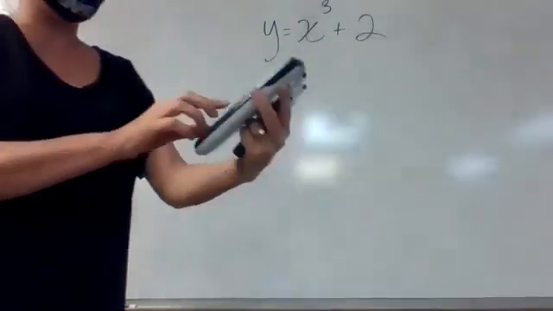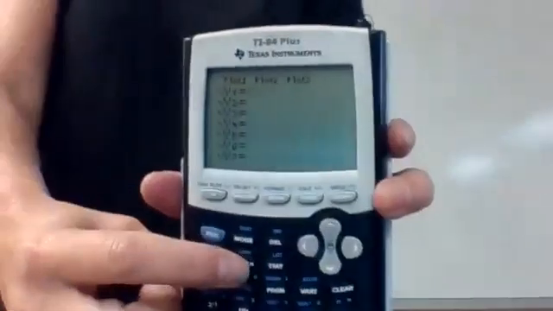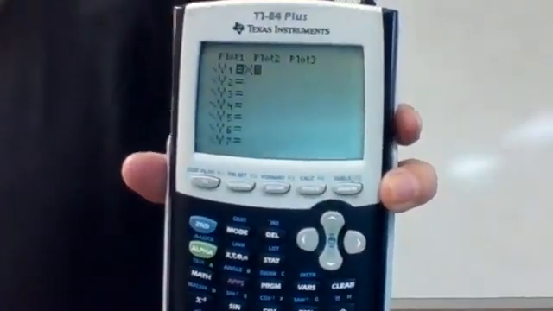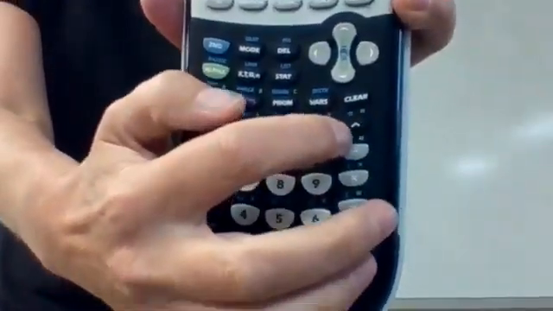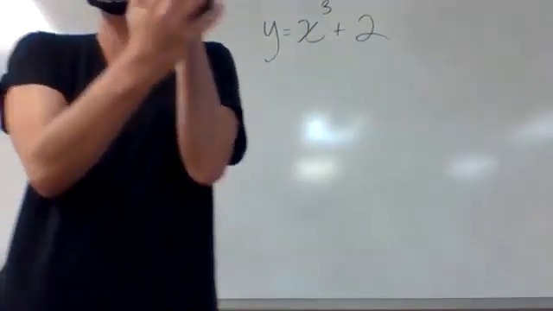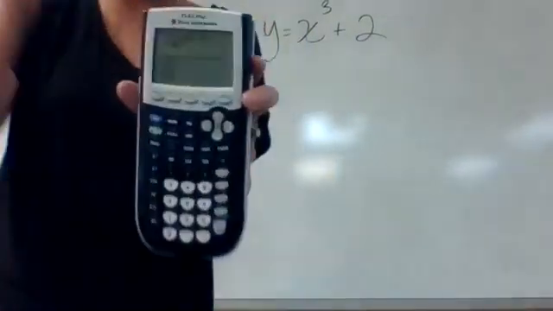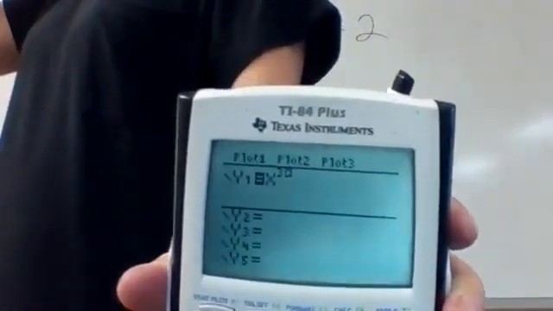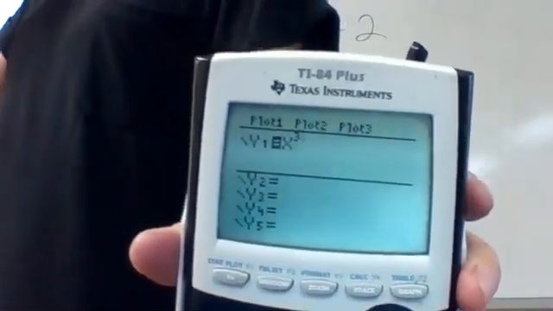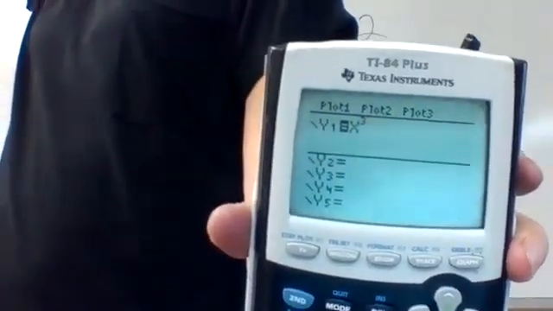So this time I need to type in x to the third. So hit your x button. Now there is no one-step button like x squared. So I do have to hit this up arrow that's right below clear. That's what puts your cursor up in the exponent. And you type in whatever your exponent is. In this case, it's a 3. Now, when I do that, look where my cursor still is. Is your cursor still up there with the 3?